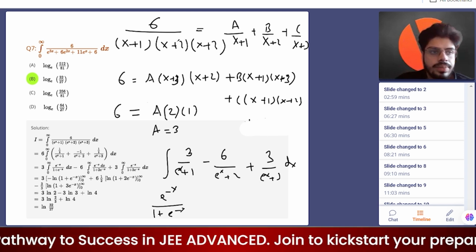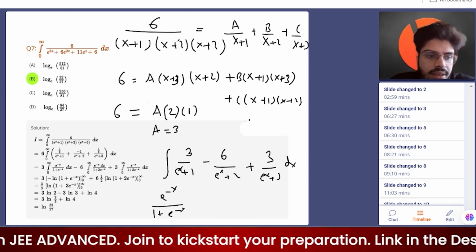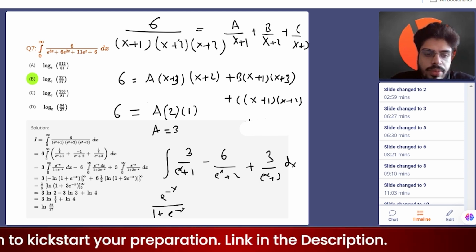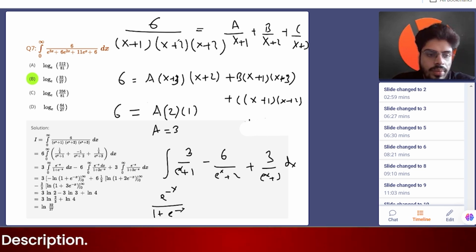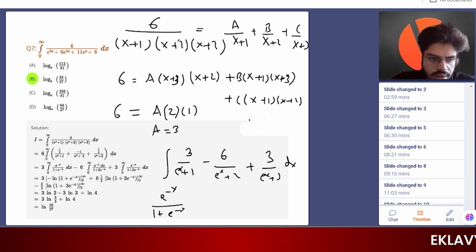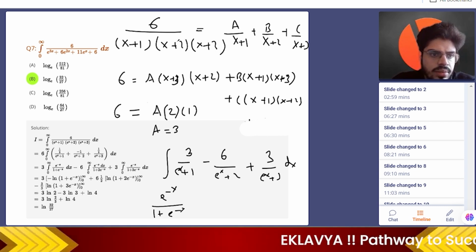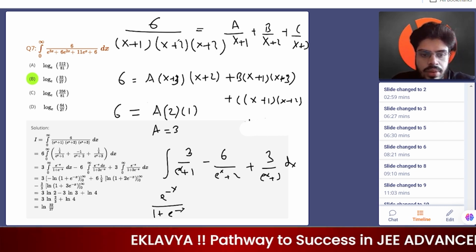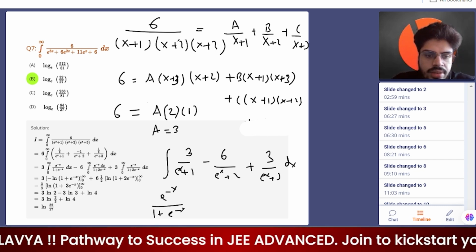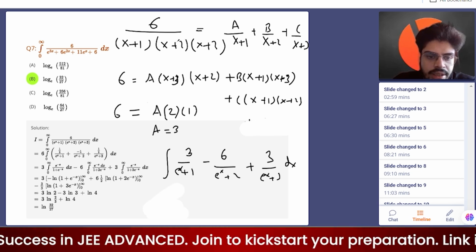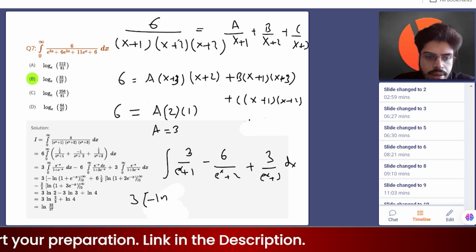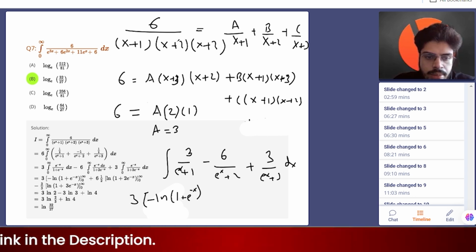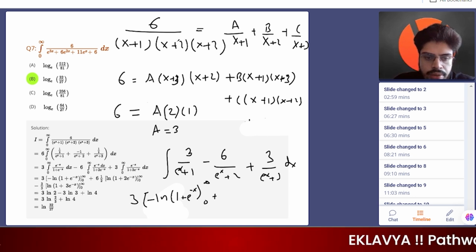Then we can integrate 1 by t as ln t, so ln of 1 plus e power minus x. So if I integrate this, I'll get 3 outside, minus ln of 1 plus e power minus x, from 0 to infinity.